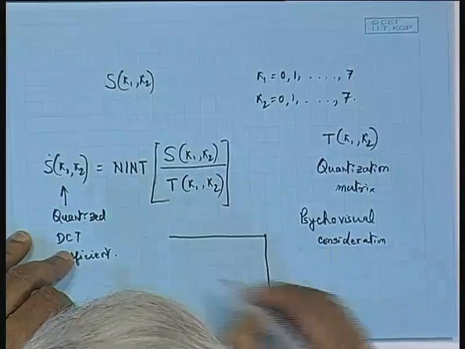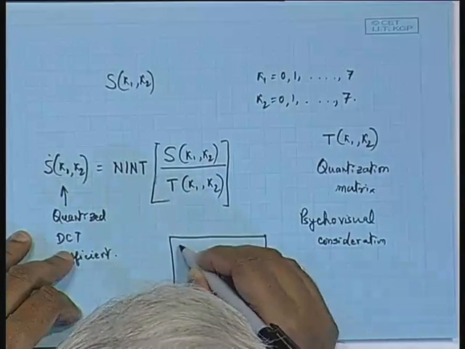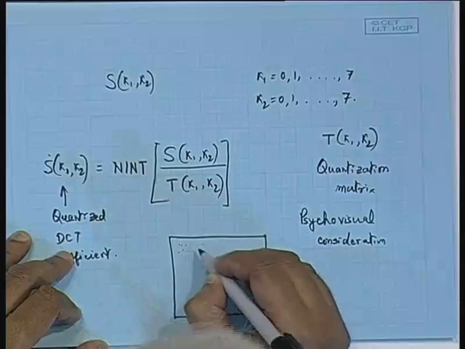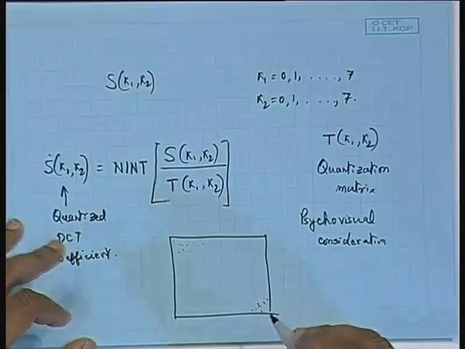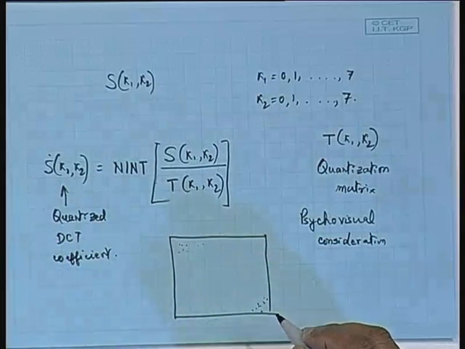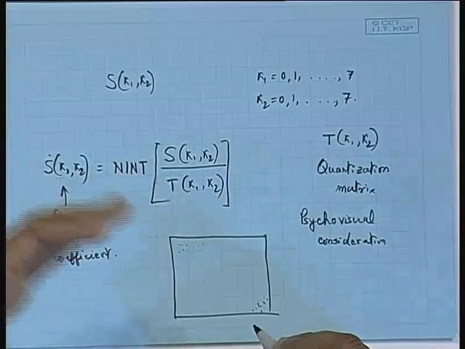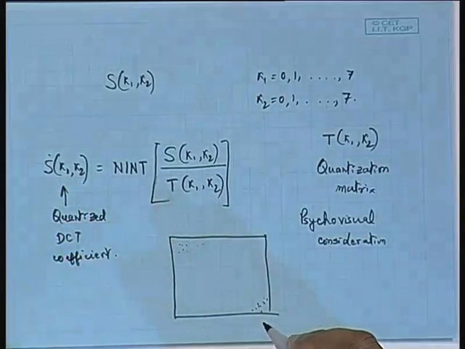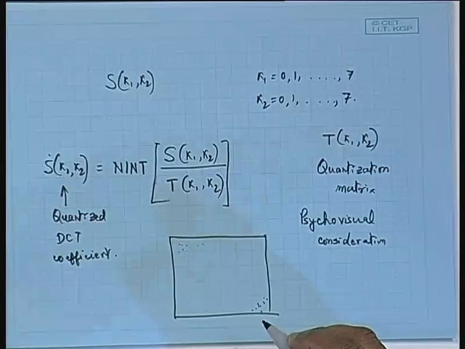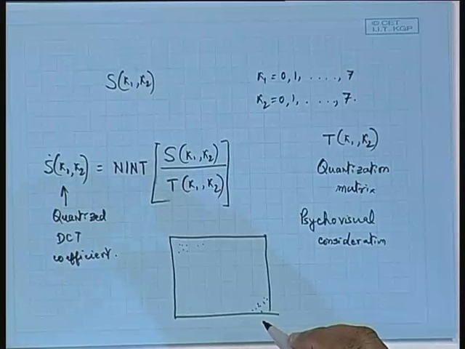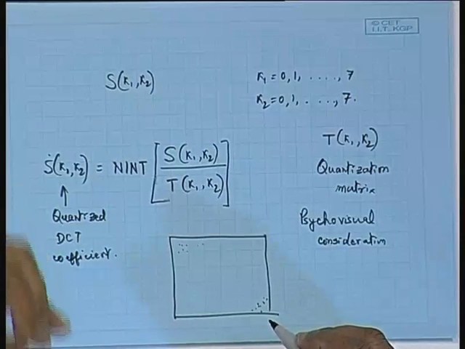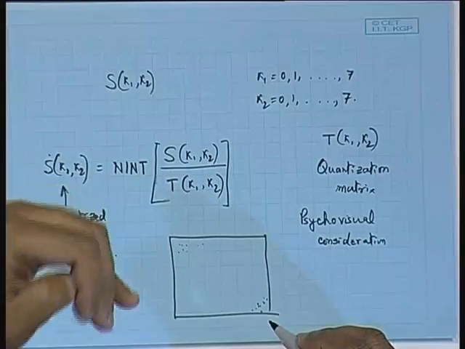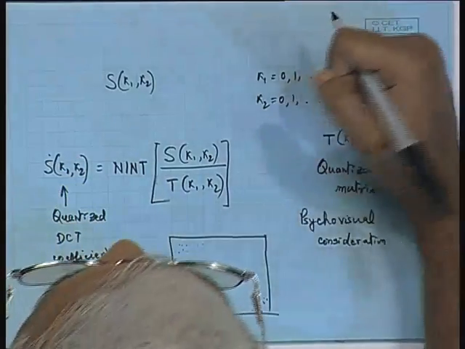If this is your block, then you will be having lower values of T K1 K2 on this side, and higher values of T K1 K2 on this side. As a result, many of the higher frequency components will be severely truncated, and because of such severe truncation, you will be losing some details in those parts of the image.